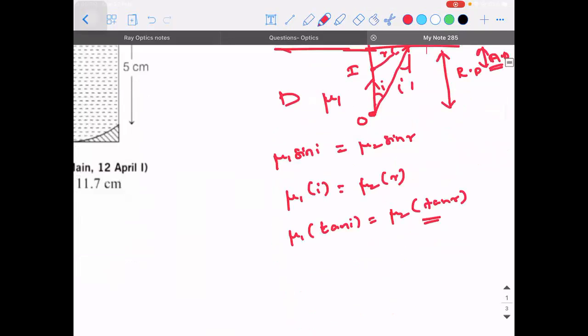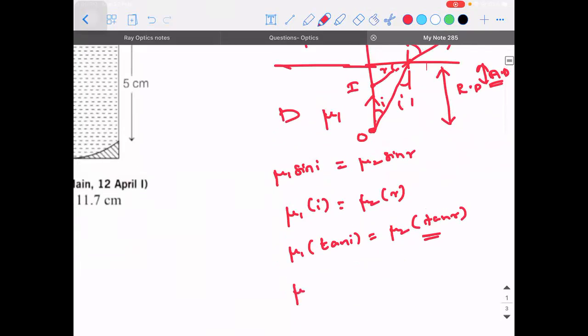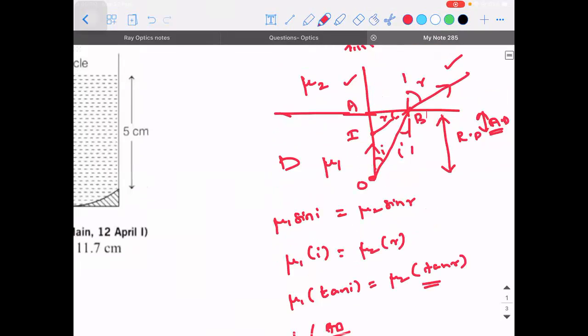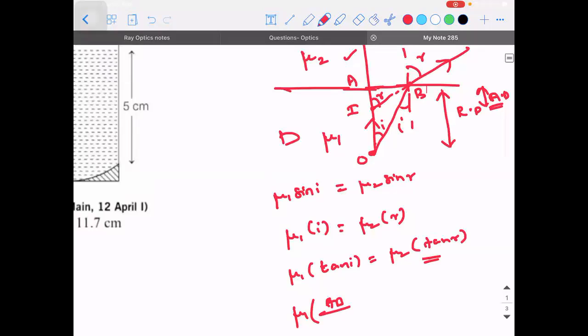So mu1 into tan I. What is tan I? If I take this as AB, tan I is AB divided by AO, equal to mu2 into tan R, which is AB divided by AI.